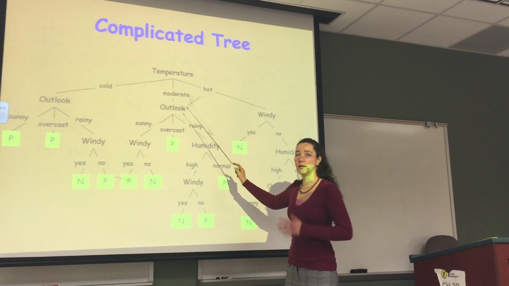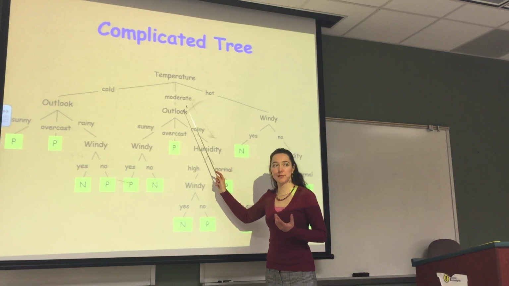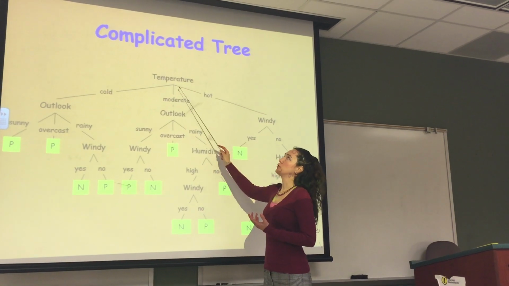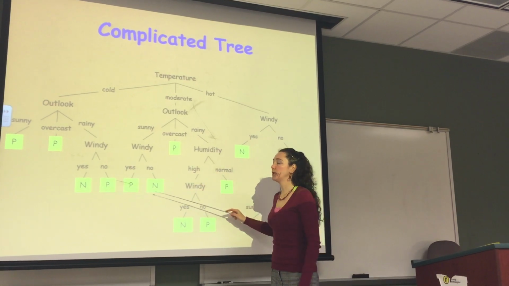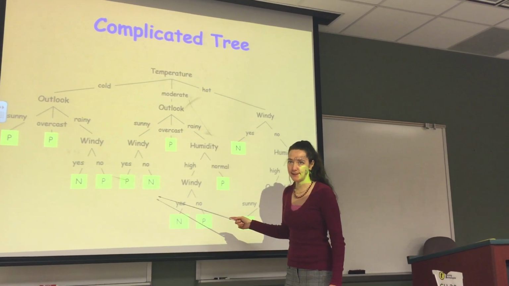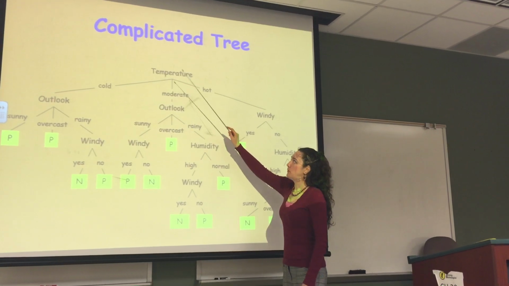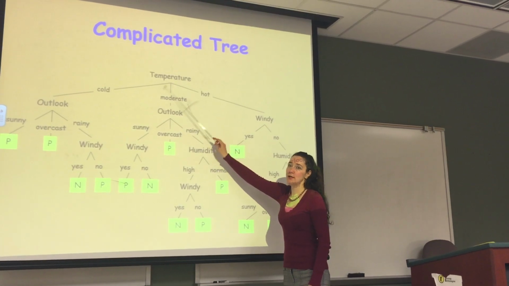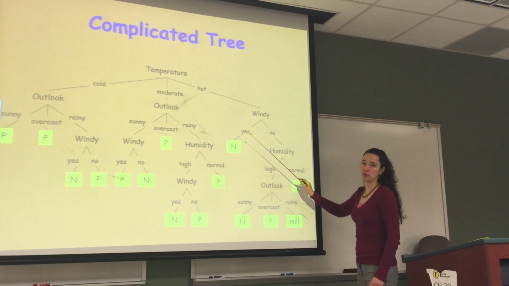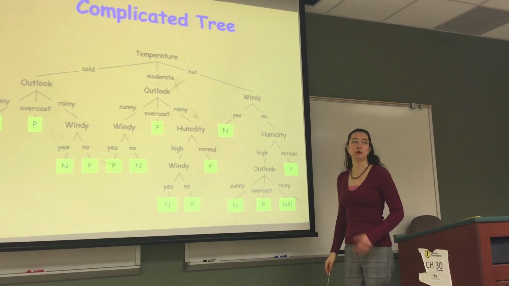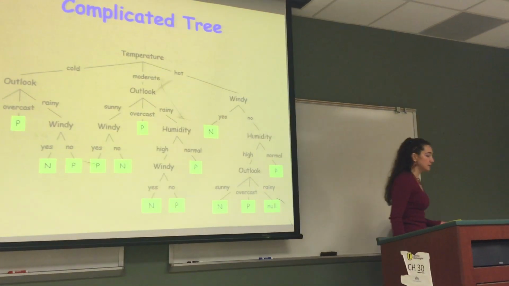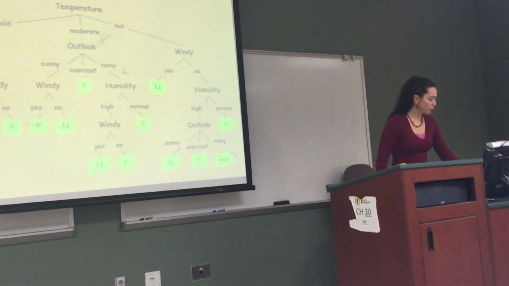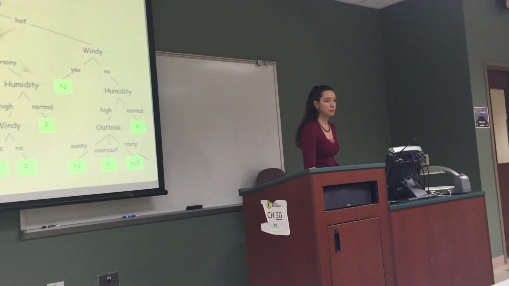We have to make an informative decision. We're going to use the most informative attribute that allows us to get to the leaves as quickly and easily as possible, is the idea. So if we pick the wrong attribute, we can end up with a huge, deep, and messy tree like this. So there are certain formulas and measures that we can use that will allow us to choose the best attribute.